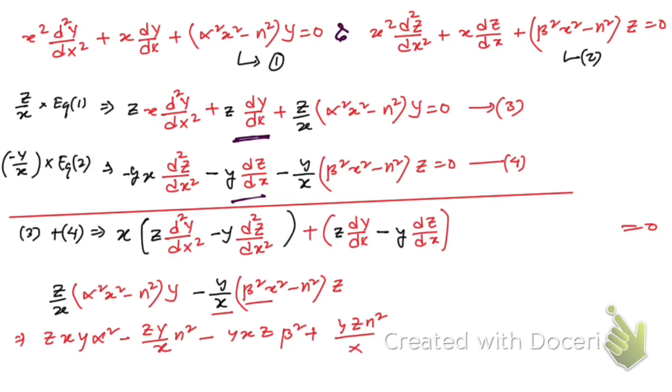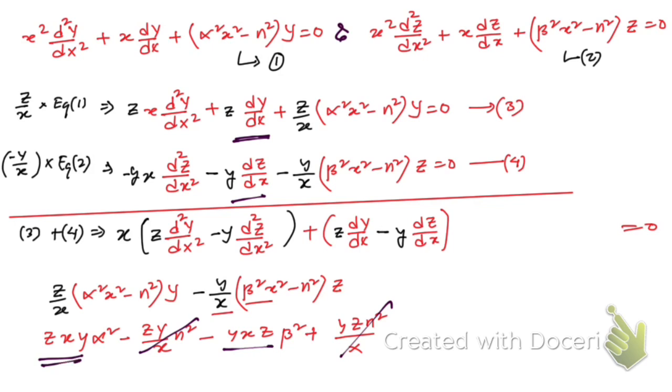So here you see these two terms cancel, y z n square by x, one is positive, another is negative, so that's why these two terms cancel. And from these two terms we can take x y z common, right?